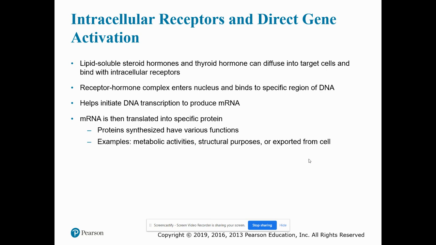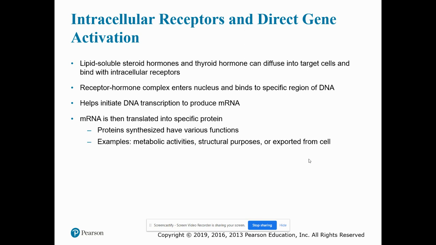Intracellular receptors and direct gene activation, this is what's done with steroid hormones. So lipid-soluble steroid hormone and thyroid hormone, let's not forget thyroid hormone falls in that same category, can actually cross that plasma membrane and get into the target cell and bind with intracellular receptors.